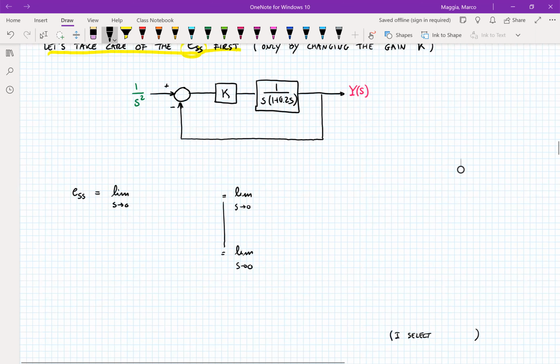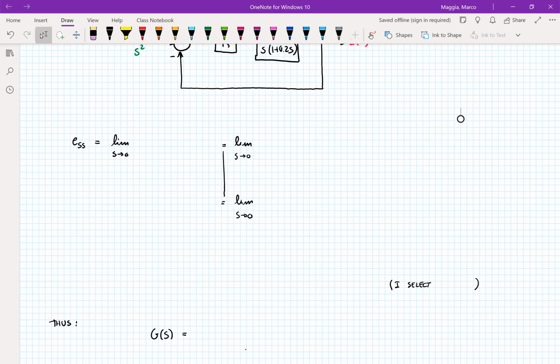So let's now compute the steady state error. We have the limit of s that goes to 0 of s times R(s) times 1 over 1 plus K G(s). Since it's a ramp input, R(s) is once again, like we saw before, 1 over s squared, times 1 over 1 plus K over s times (1 plus 0.2 s).